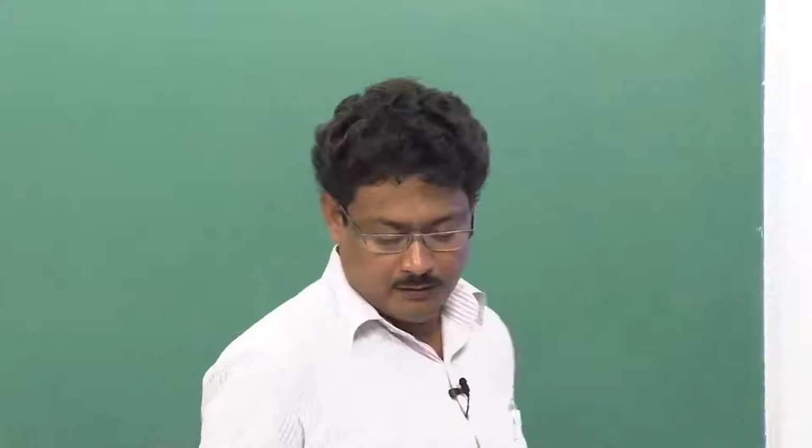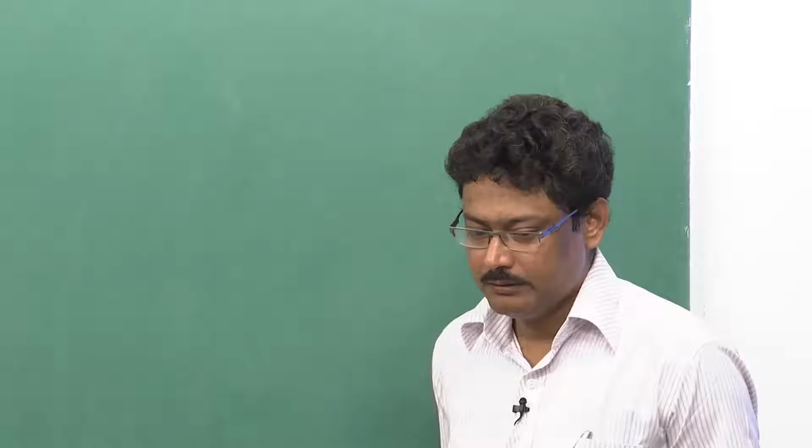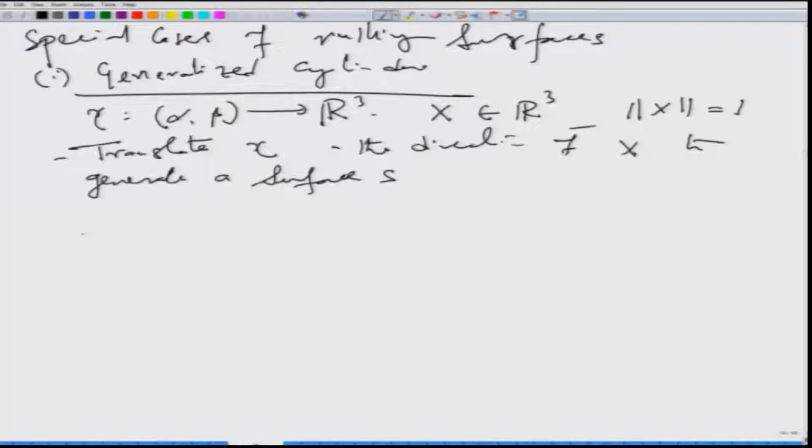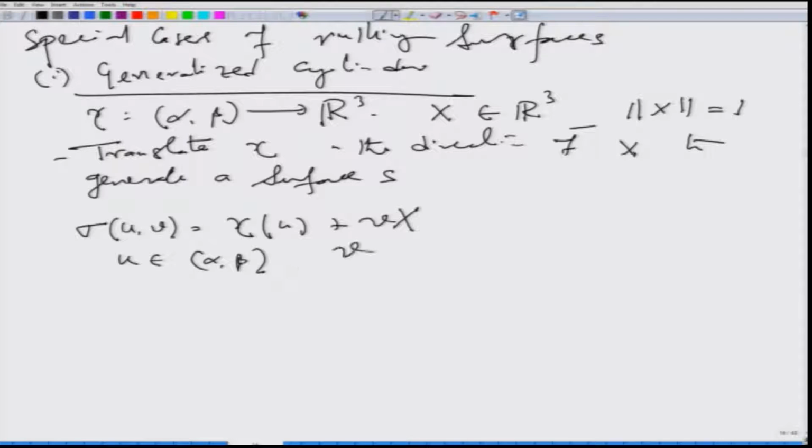And this will have an obvious parametrization, sigma u v is gamma u plus v x, u in alpha beta and v in R. And let us say for regularity, what is sigma u?